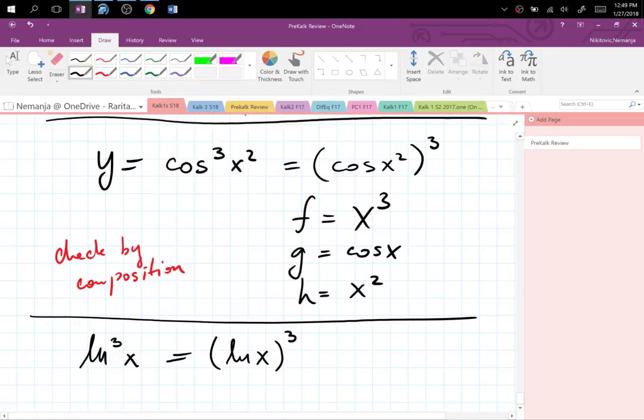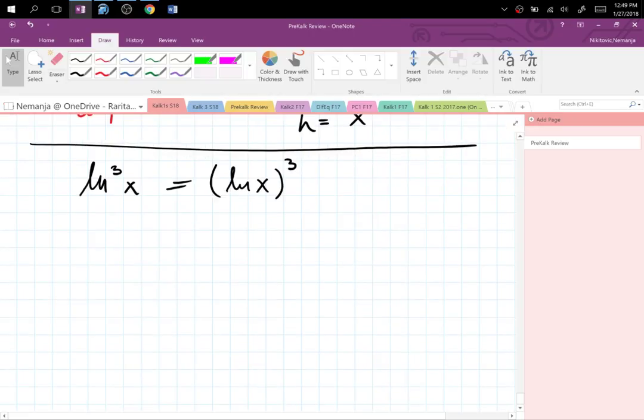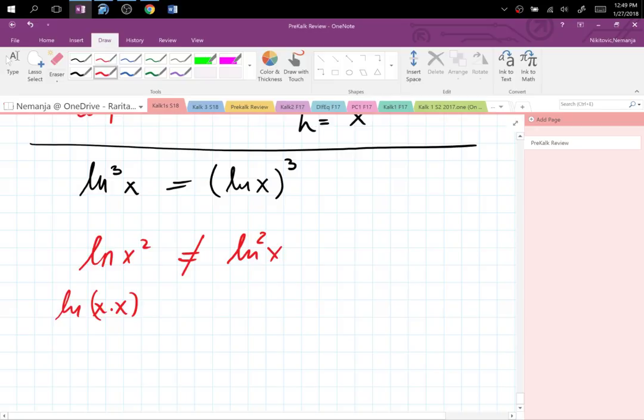And just make sure you don't make the biggest noob mistake, which is to say that ln x squared is the same as ln squared x, because it's not. They are not the same. This one over here is ln of x times x, and this one over here is ln x times ln x. Those are vastly different things.